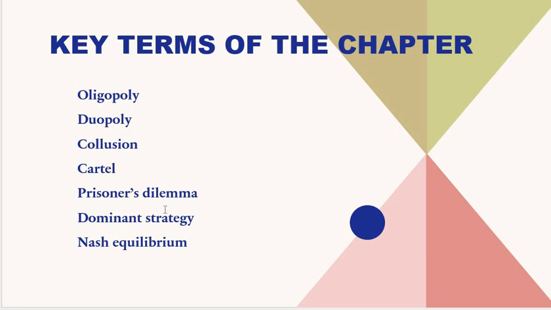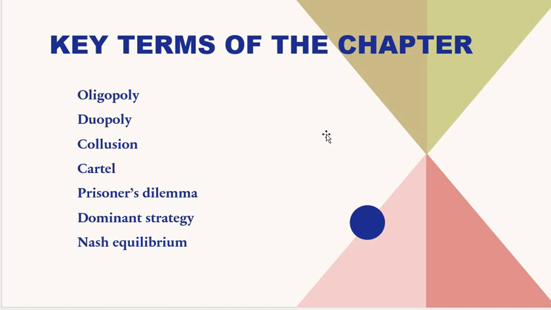However, their cartel or collusion or trade agreement can never hold for too long, because they each have the incentive to cheat, to betray their contracts or their agreements.